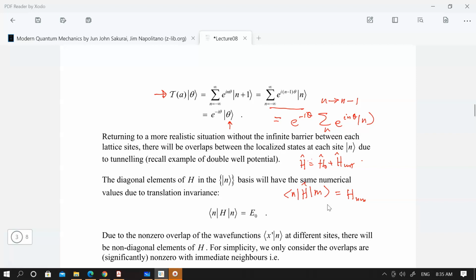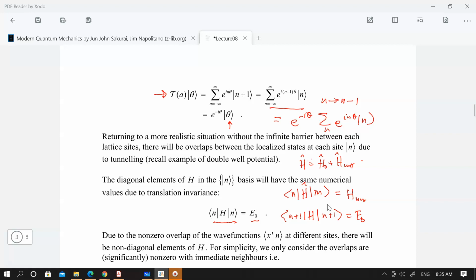So in other words, what's going to happen in this particular case is that you have the diagonal elements, and the diagonal elements reproduce the energy eigenvalues that we had before for the localized states. This will work for all possible lattice sites, so you can go to n plus 1, for example, and you still have the same energy eigenvalue. So that gives you the diagonal element.